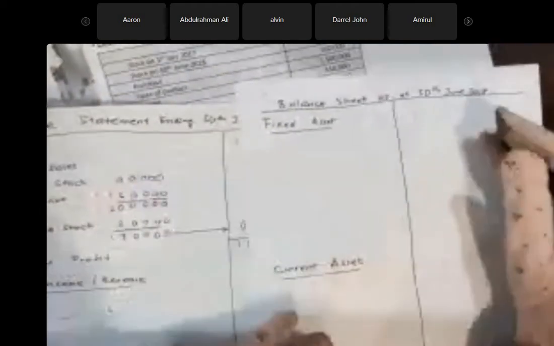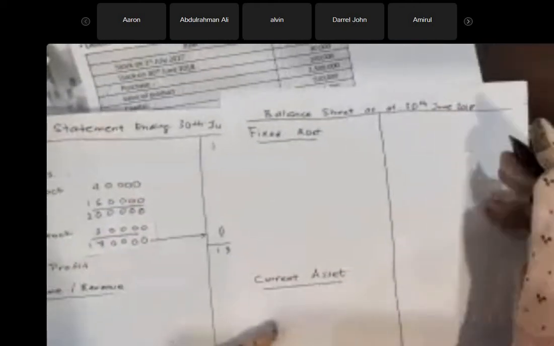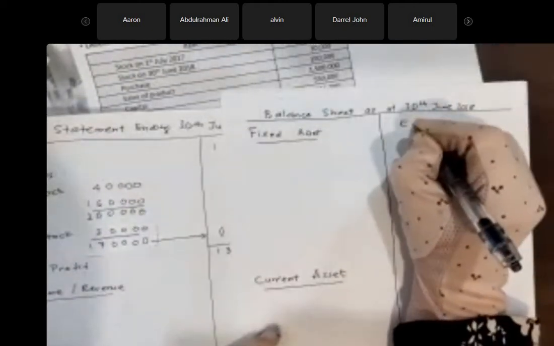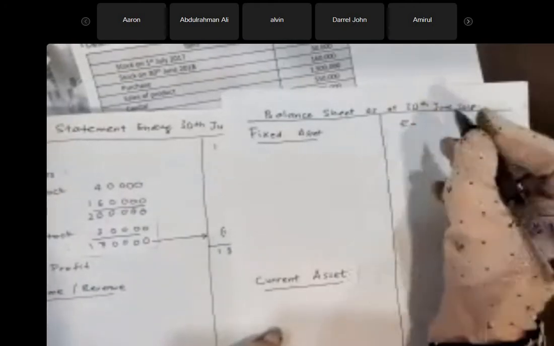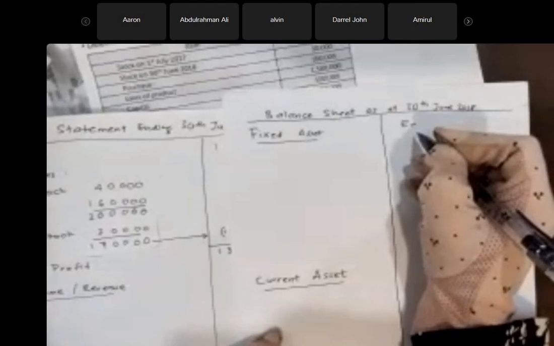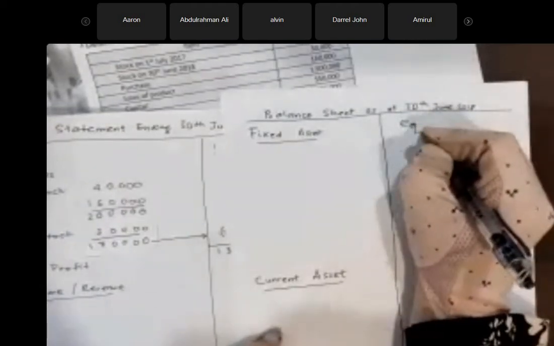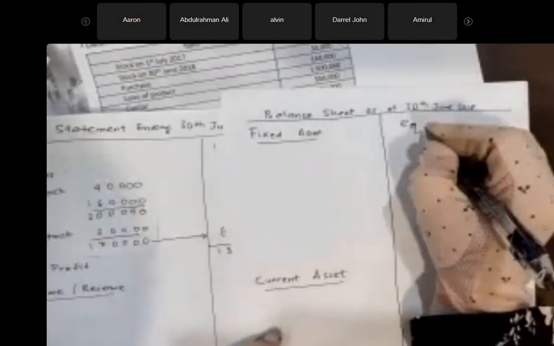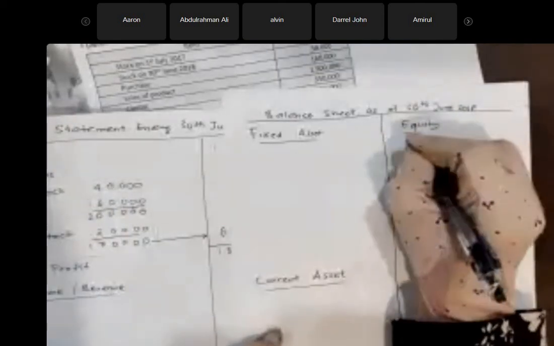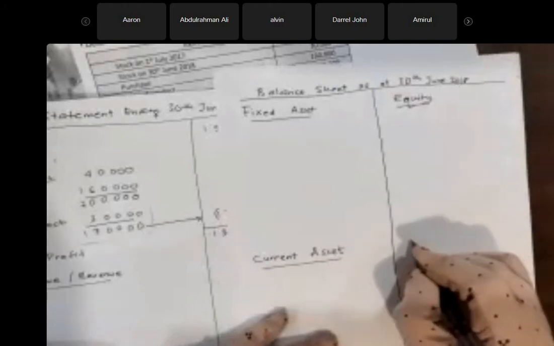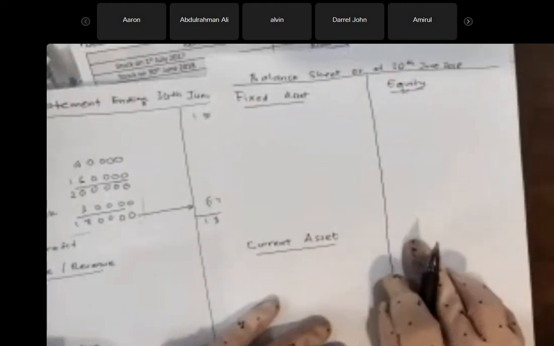Okay, now at the right side, what you call this ni? This side? Okay, equity. Okay, equity. And then we have what? Dekat sini.